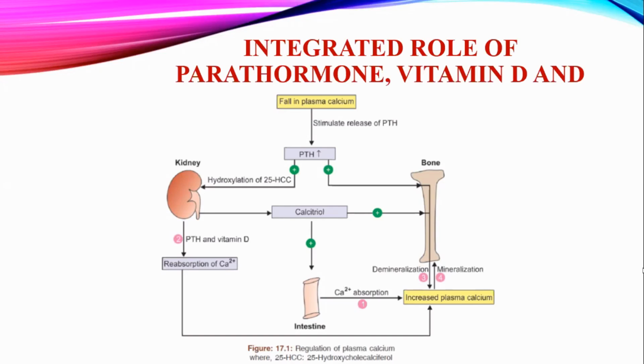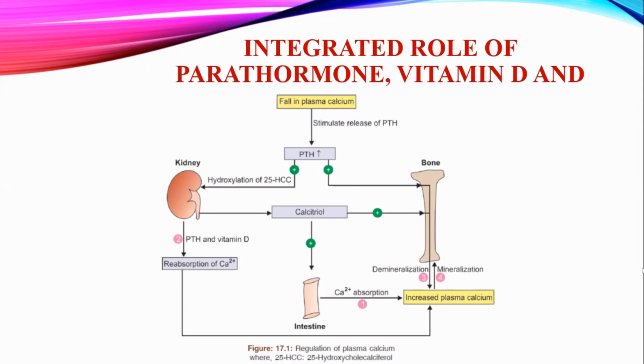At low, physiological concentrations, vitamin D causes mineralization of bone. That's why when vitamin D is deficient, growing children have a clinical disorder like rickets, and adults have a clinical disorder like osteoporosis.